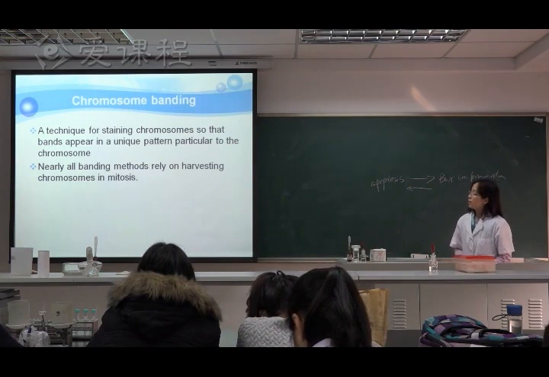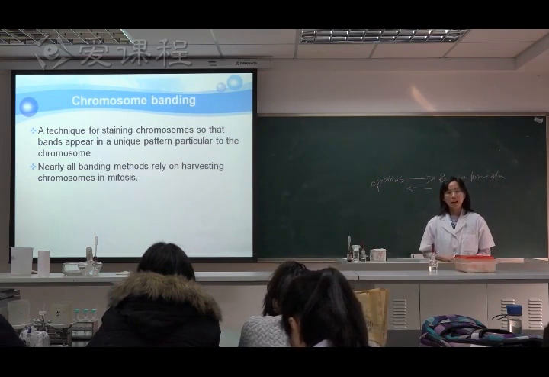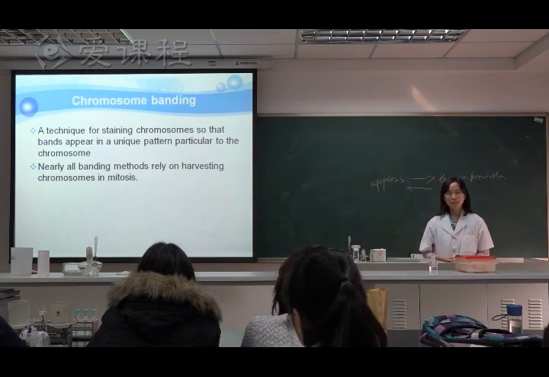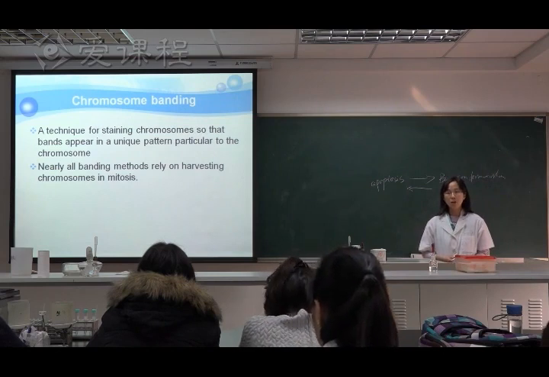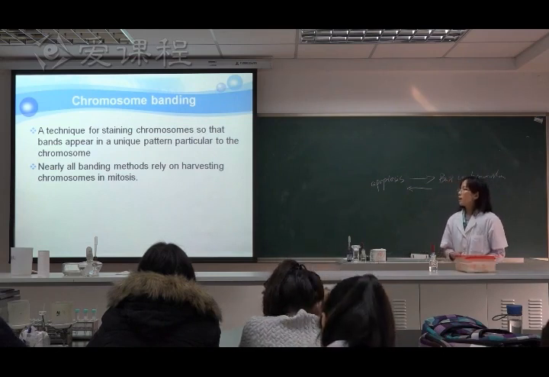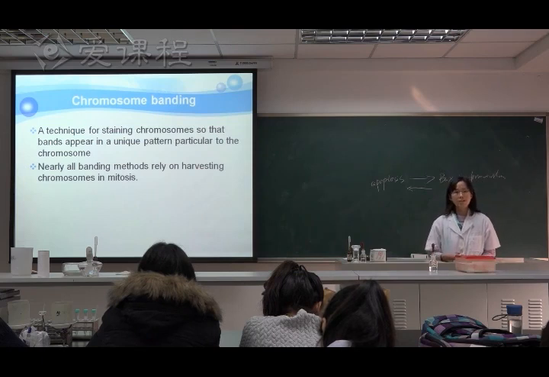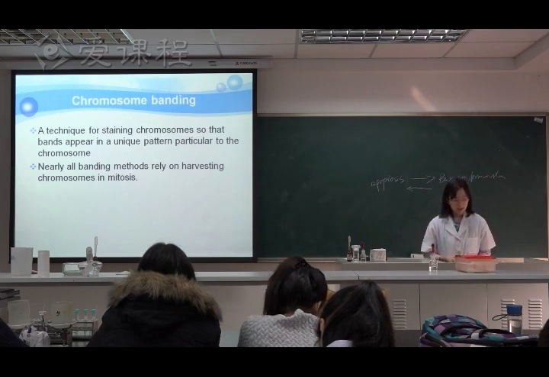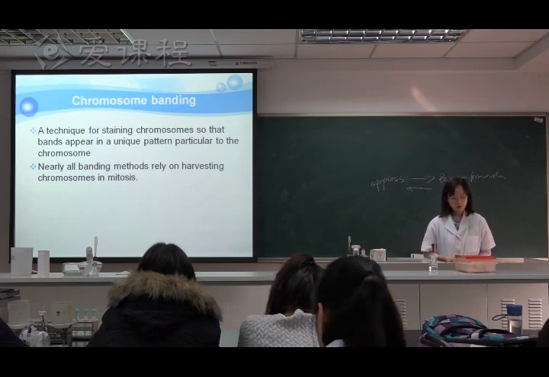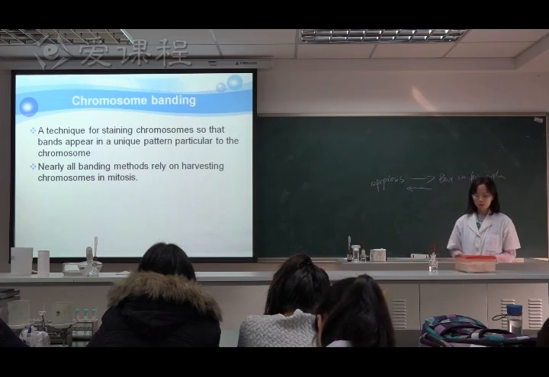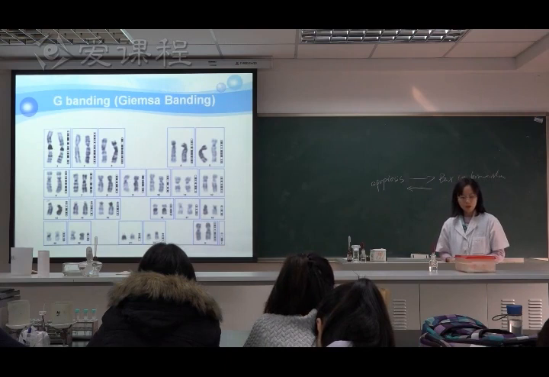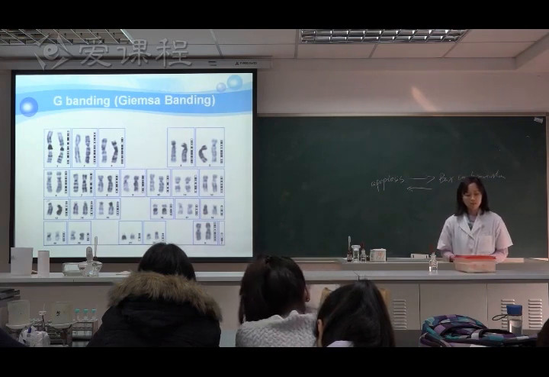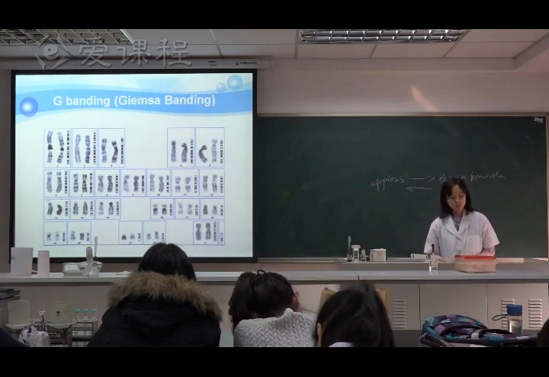That means the experiment of last week is very important, because if we didn't harvest the chromosomes, we cannot do today's experiment. There are several banding methods. We will select one to do today. However, I will introduce several banding methods to you.